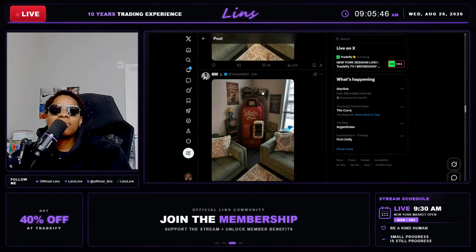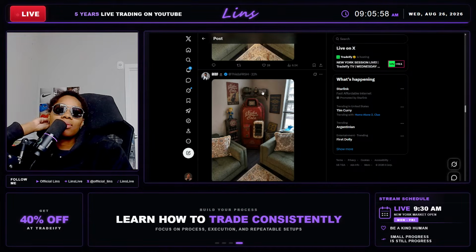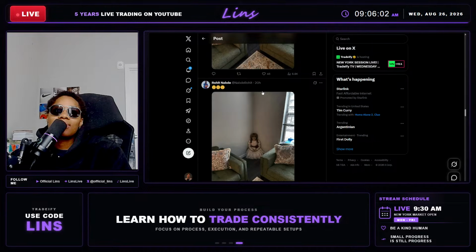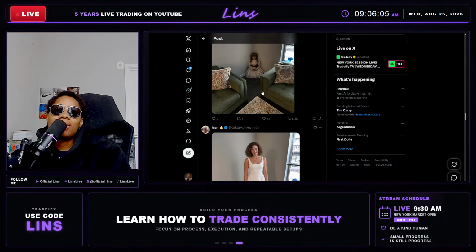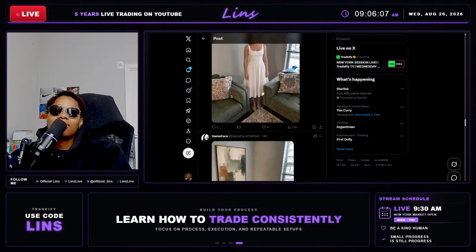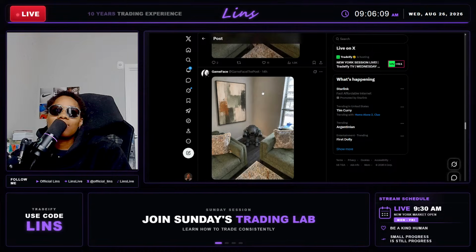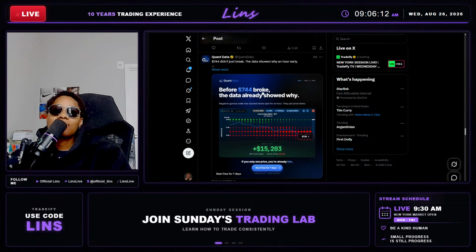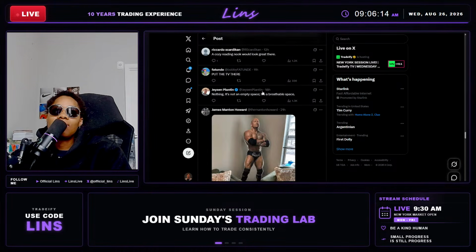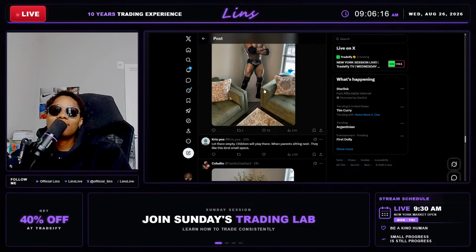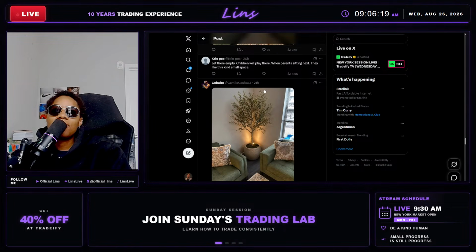What in the Nuketown? Speaking of playing Call of Duty, this looked like the stuff from Nuketown from the zombies, not even from regular multiplayer. This is giving me zombies vibes. Not Annabelle. What in the world? I have no idea what that is. The Rock poster? Plant with a light. Okay.